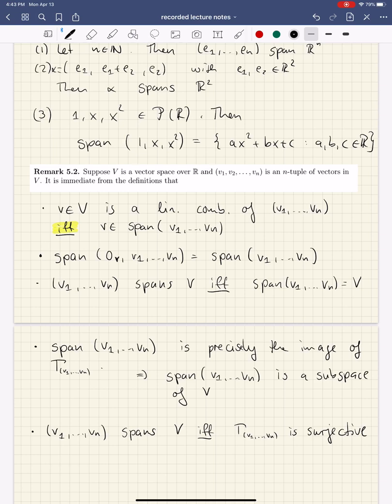This is a consequence of what we've seen just before, together with what we proved last time, that a linear map is surjective if and only if the image is everything. So if this spans V, that means the span of this is equal to V. That means the image of gamma is equal to everything, which means that gamma of v1 through vn is surjective. This last thing really combines a lot of things that we've done before.